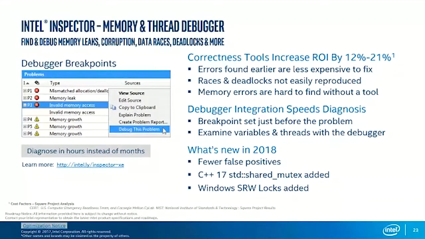In the 2018 version, we have features like fewer false positives, the C++17 standard shared mutex added, and also support for Windows SRW locks, slim lock lite. It's used to support the thread, the shared source.